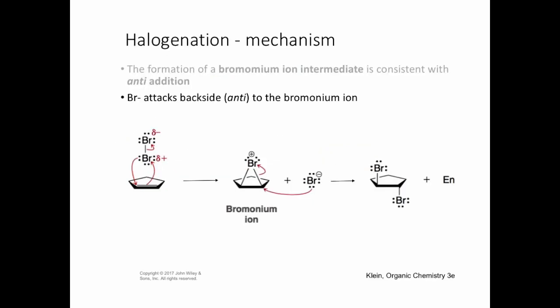Now the bromide attacks from what's called the backside anti to the bromonium ion because that gives the most accessible, less hindered pathway of approach, and as a result you get the trans product, plus it's an enantiomer.